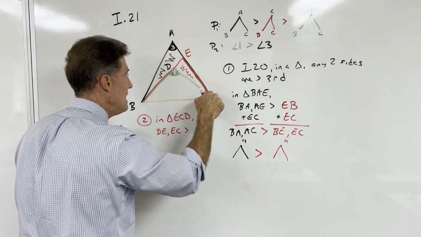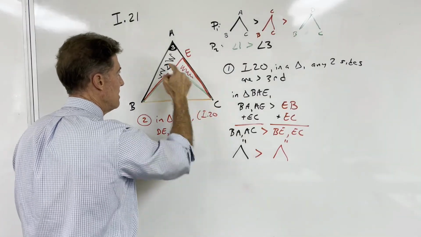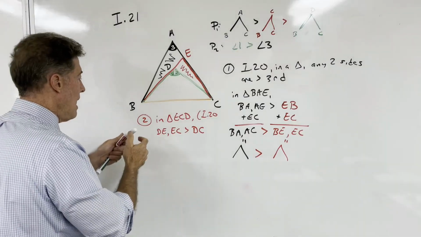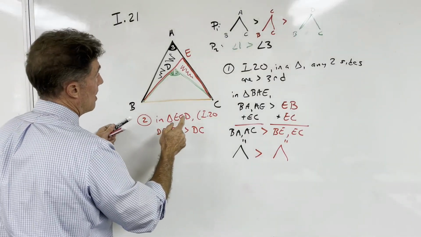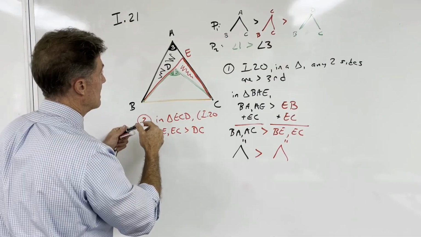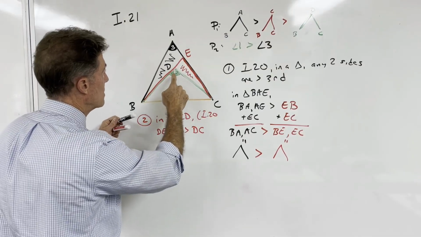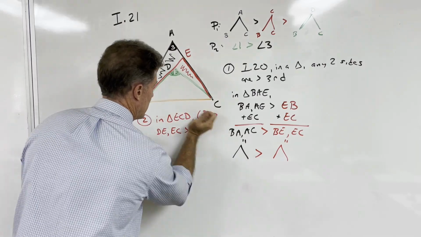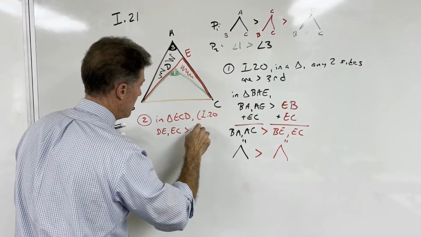So DE plus EC is greater than DC. Let's keep this color coded. DC is going to be in green.